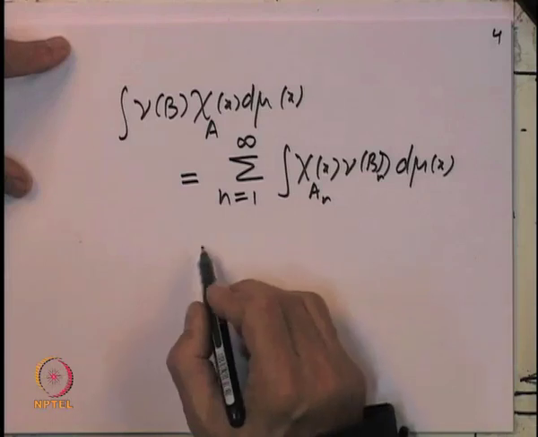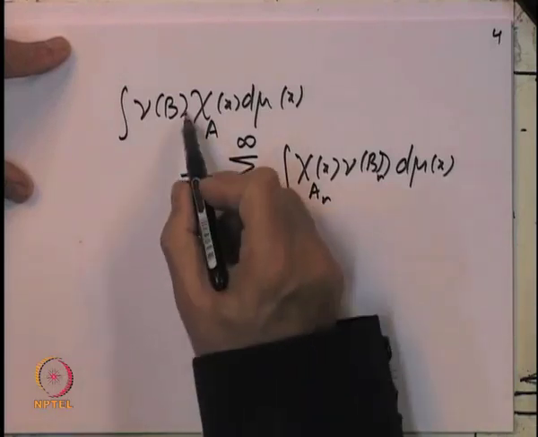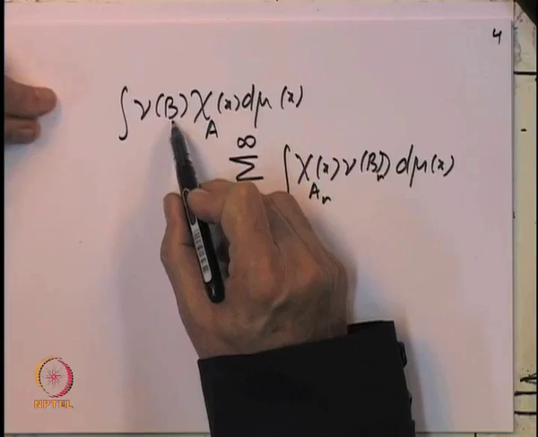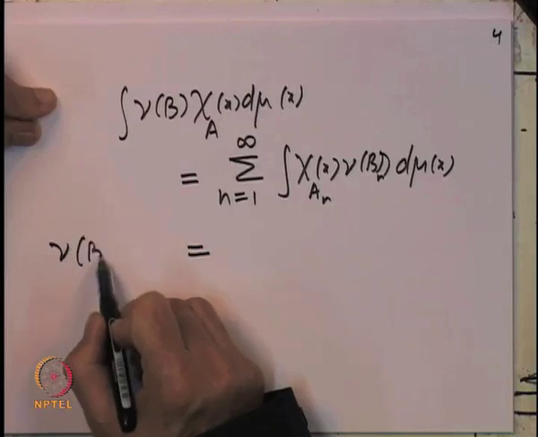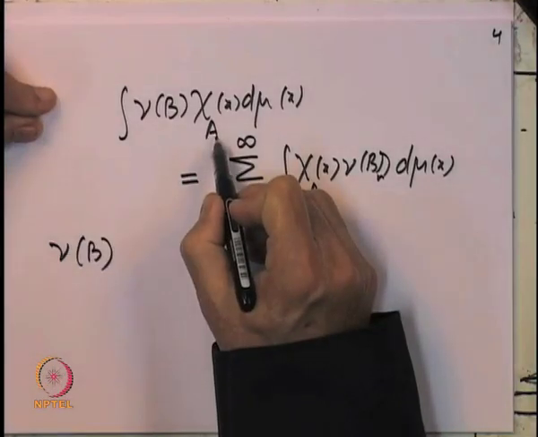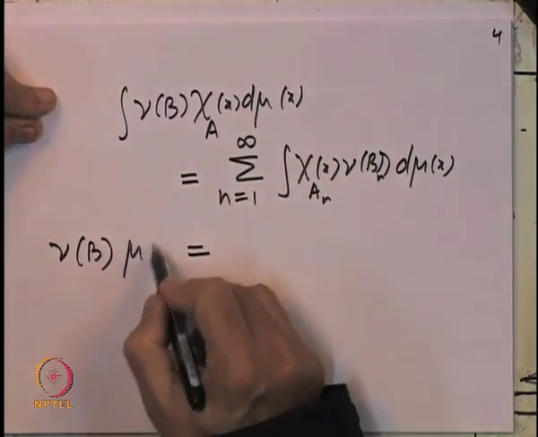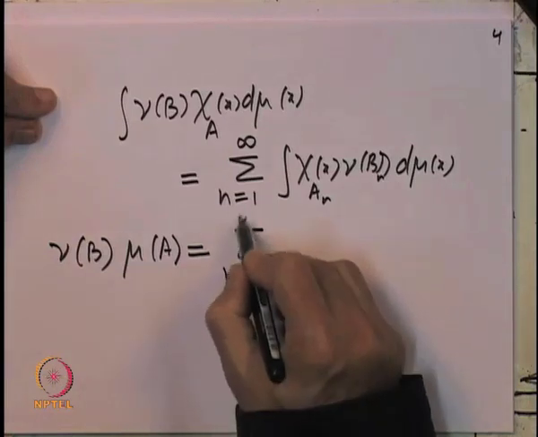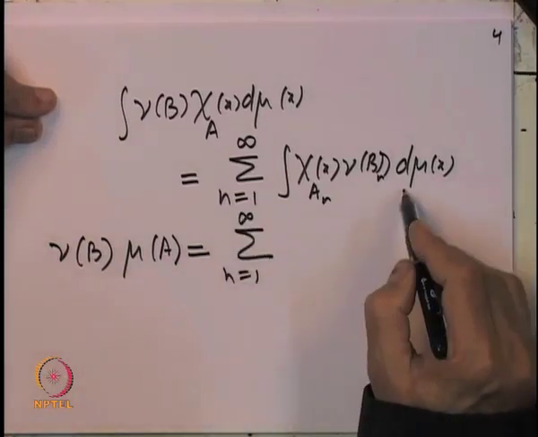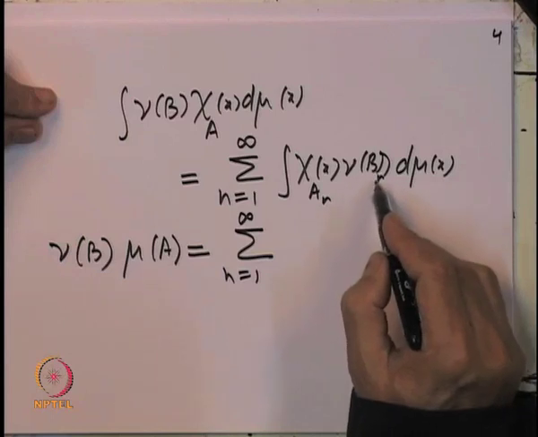And now, let us compute. On the left hand side, nu of B is a constant, so that goes out. The integral of the indicator function of A with respect to mu is mu of A, and this is equal to summation n equal to 1 to infinity, and in this integral again nu of B_n is a constant.